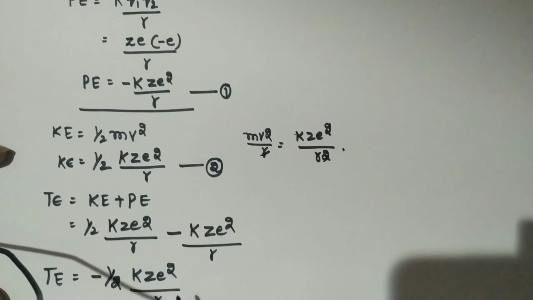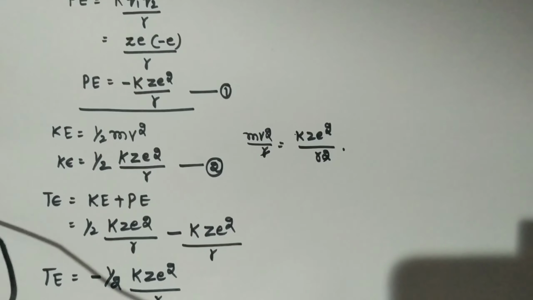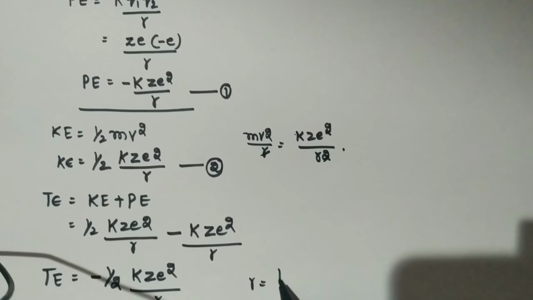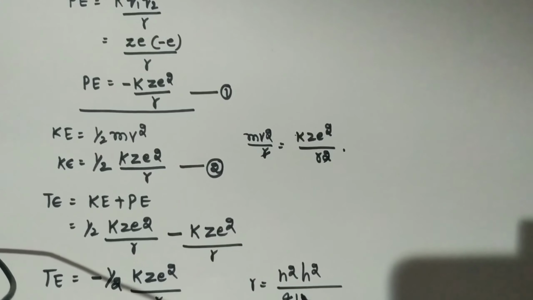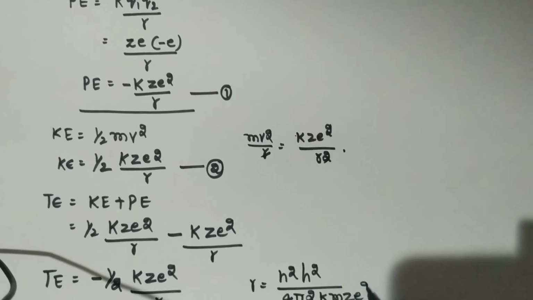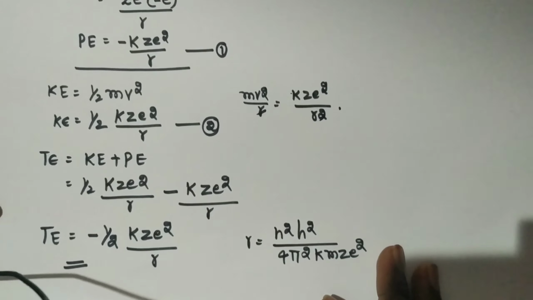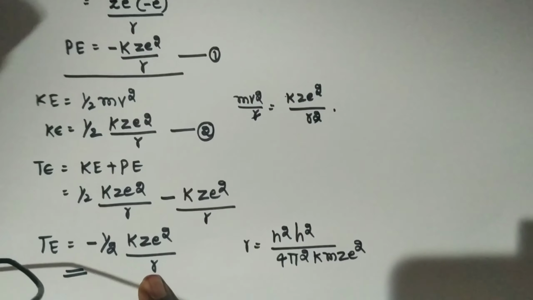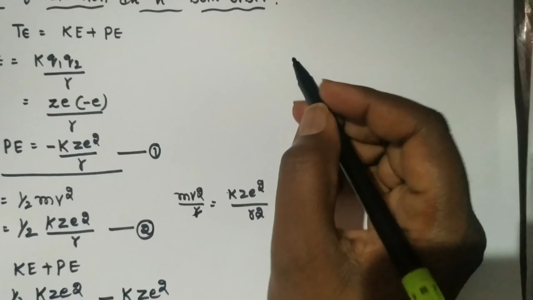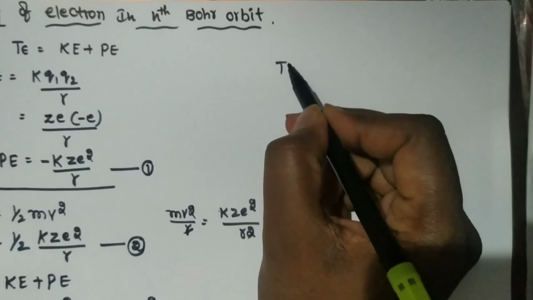Now here r is there, the radius of nth orbit, which we already derived. So what is that r value? r is equal to n square h square upon 4 pi square K m Ze square. If we substitute this in the place of r, we can get total energy.